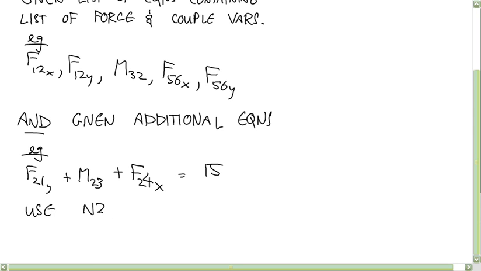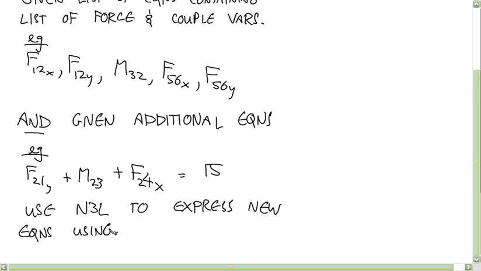Then reducing the variables in this new set of equations means using Newton's third law to express the new equations using as many variables in the list as possible.